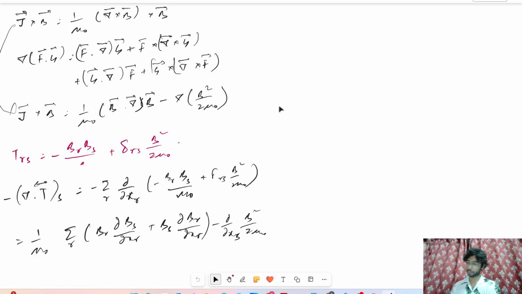Now we are again going to use the property del dot B is 0, which means del B_R by del x_R equals 0, summation over R. Here R and S are again basically the coordinates, R, S is x, y, z.